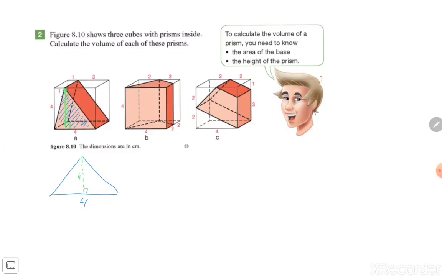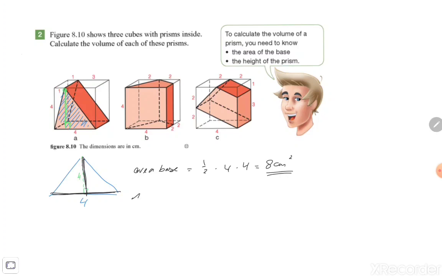So the area of my base is a half times the base of my triangle, that's 4, times the matching height, that's 4. So that's 8 square centimeters. Alright, so we've got the area of the base of my prism.